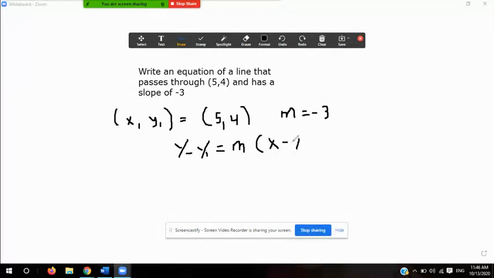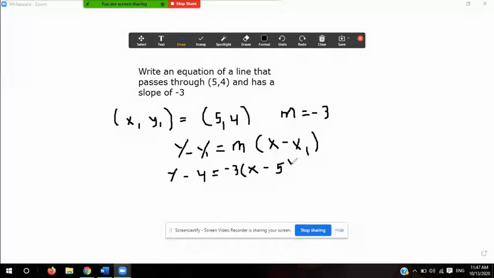And basically, guys, all we do is plug it in and solve for y. So we're just going to plug in our numbers. y stays the same. y sub 1 is going to be 4. The slope is being given to us, which is negative 3. And you have x, which stays expressed, times x minus x sub 1, which is actually 5.